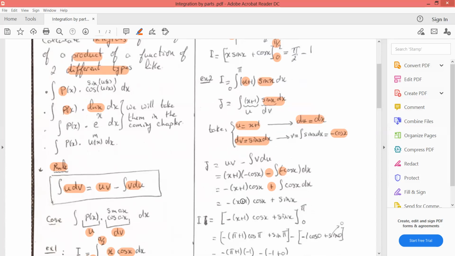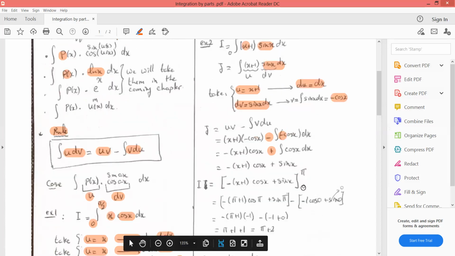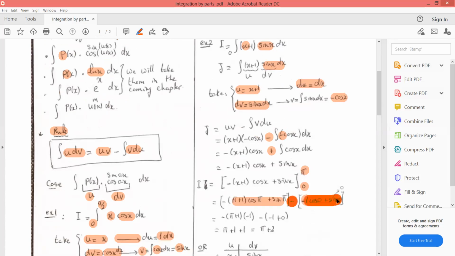We get minus (x plus 1) times cosine x plus sine x, since the integral of cosine is sine. Then I is between 0 and pi. First time we replace x by pi, minus second time we replace x by 0.